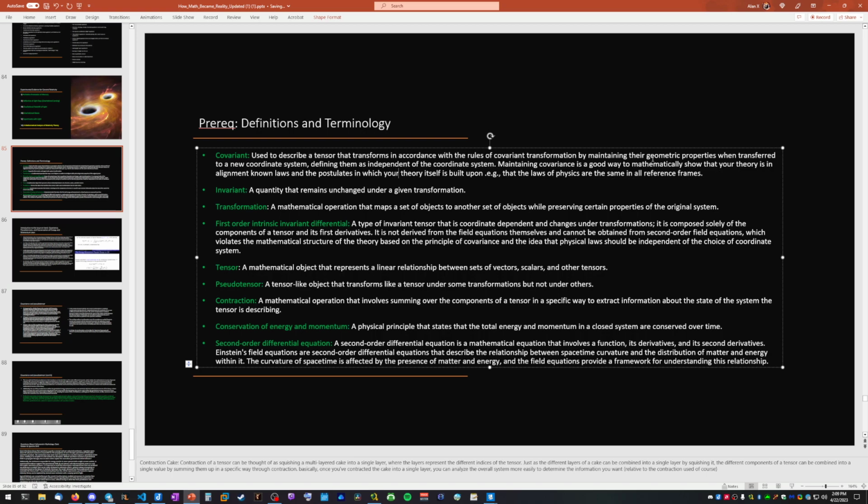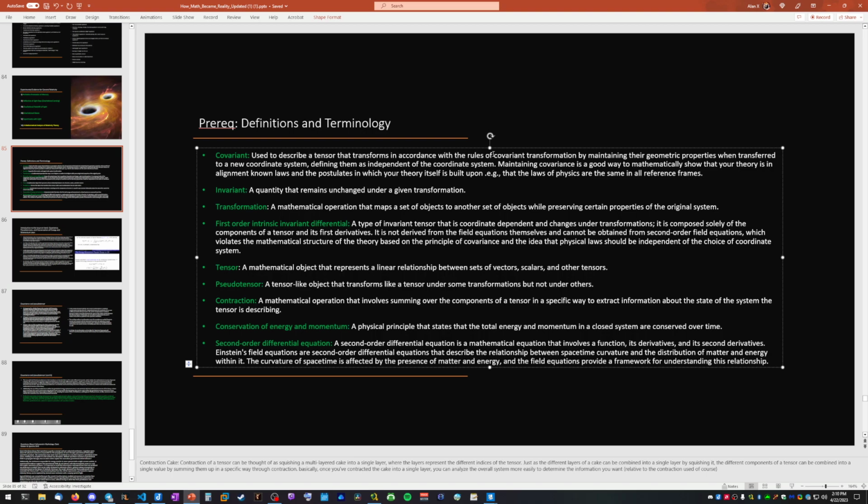So using the theory of covariance, calculus, and differential equations, this is how they come up with things like the laws of physics are the same in all reference frames. This is how they express that. It all has to be covariant, right?